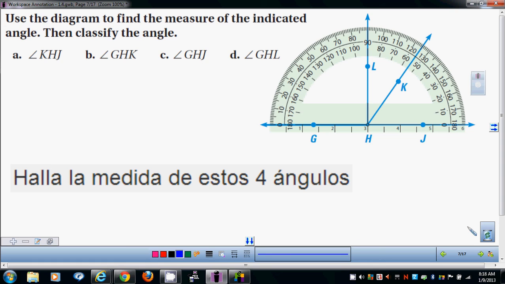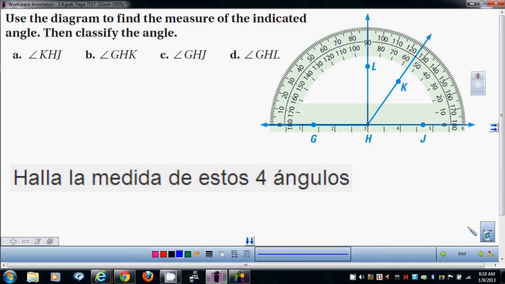Or part D, I mean. GHL. Well, G, H, L. That's how you tell what angle it is. So it's this one. And what kind of angle does that look like, of the 4 we just talked about? Maybe you can elicit the help from one of your desk mates.